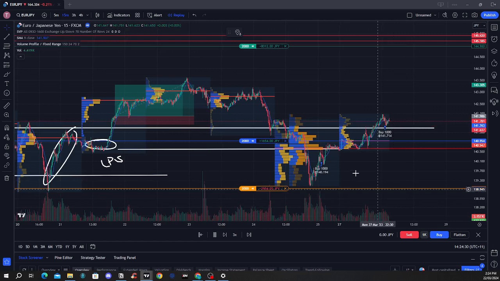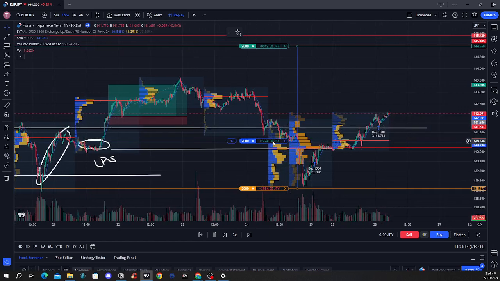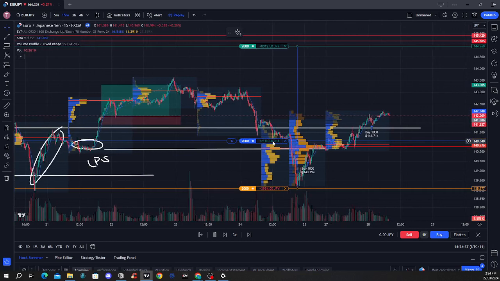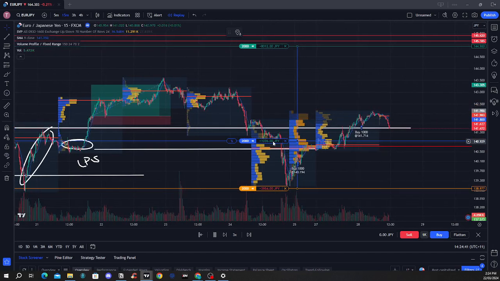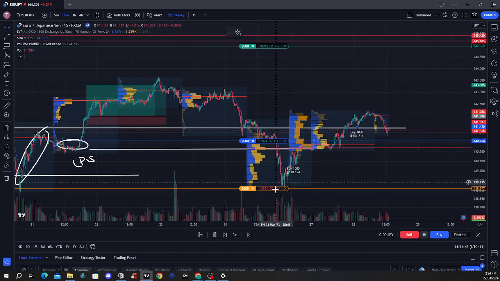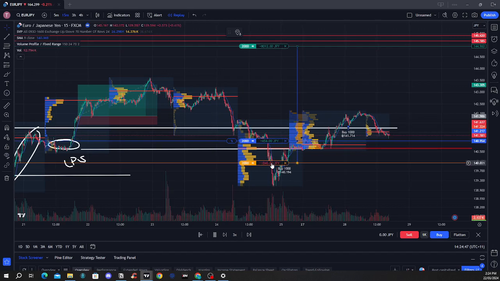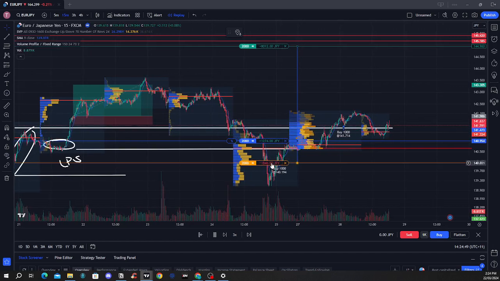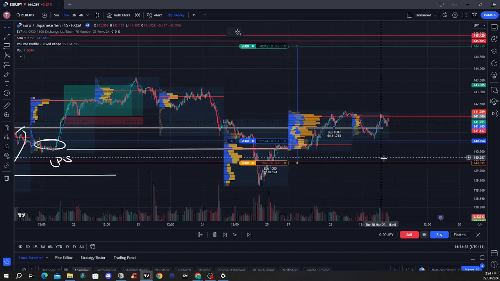Buy again here as a position to add. We've got that many signs of strength at this point that there is simply no need to reduce the risk. Last point of supply, last points of supply.